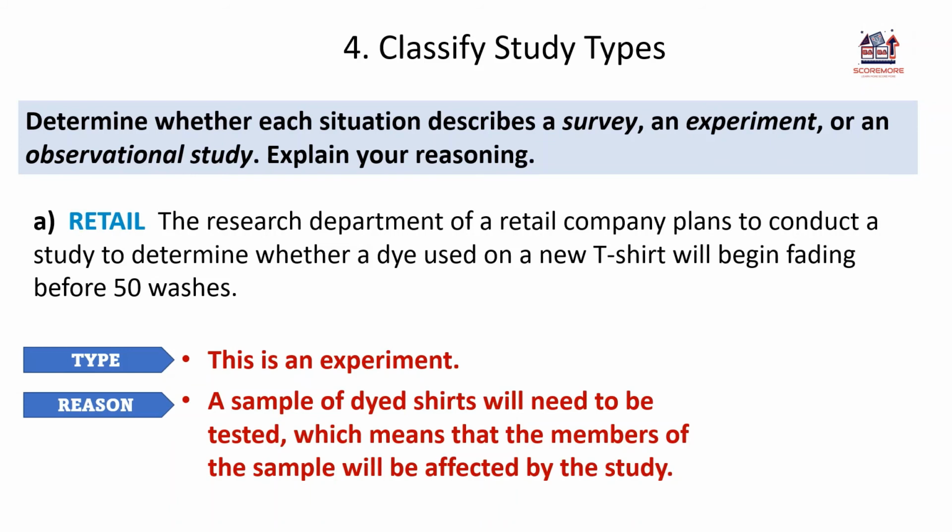In this situation, the company has to determine the quality, so they have to experiment. And the reason is a sample of dyed shirts will need to be tested, which means that the members of the sample will be affected by the study.